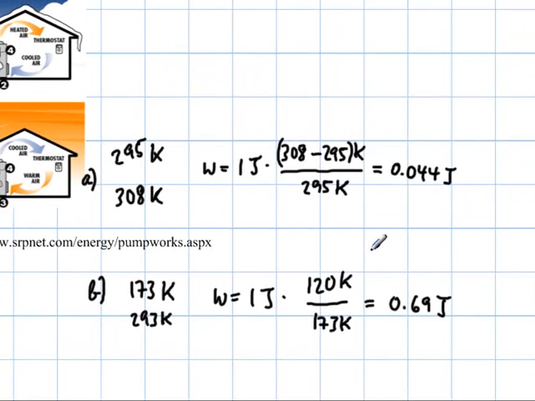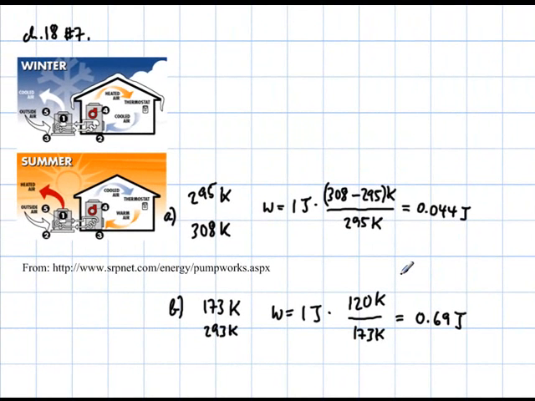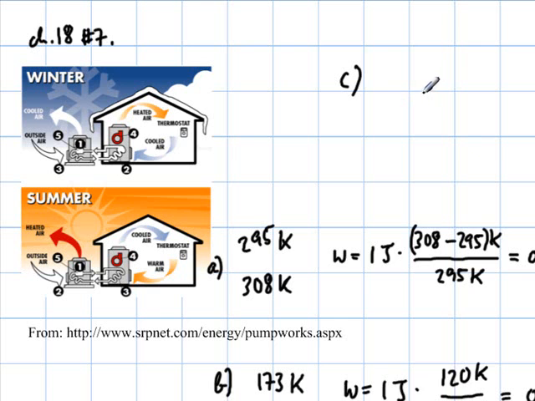Okay, part C says from a helium refrigerator whose inside temperature is 4 kelvins, that's minus 269 Celsius, or roughly minus 450 Fahrenheit, to a room temperature of 300 kelvins, that's actually 27 degrees Celsius, or in the neighborhood of 85 Fahrenheit.